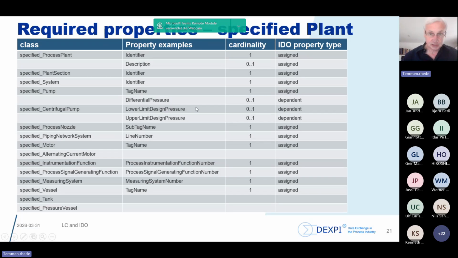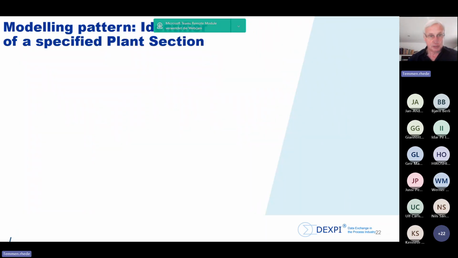But we always say only the identifier is necessary. It gets the cardinality 1, and for all others, it is possible that, in the view of DEXPI, the specification should be transferred to the next one, and this specification can be incomplete. Therefore, perhaps in this specification there is no value at the moment for the lower or upper limit design. And now let's have a look at the modeling pattern for an identifier.